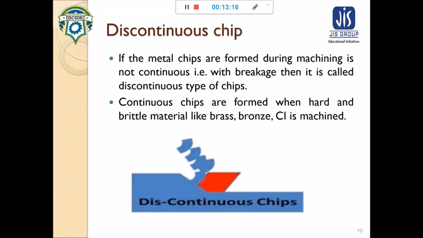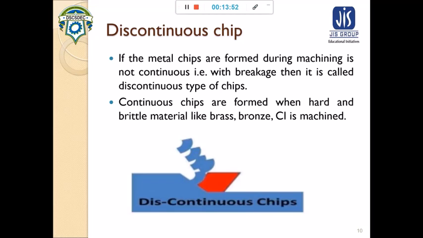In discontinuous chip formation, the need for cutting fluid is very low, as chip formation is very easy because the material is highly brittle. The break or the crack will be generated very easily. That's why sometimes people say that cast iron is easily machinable.